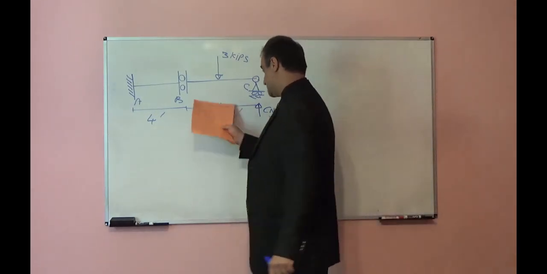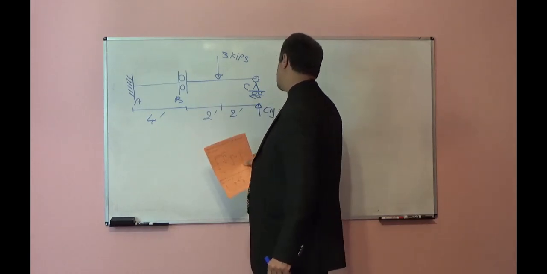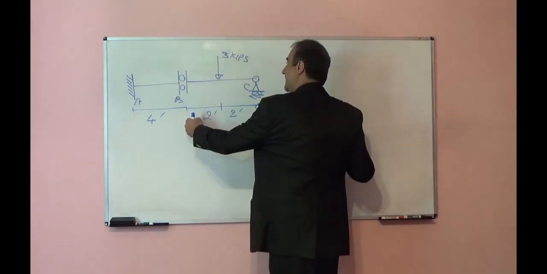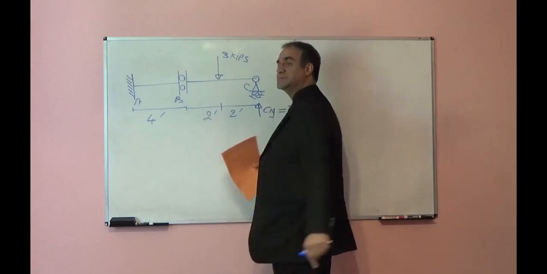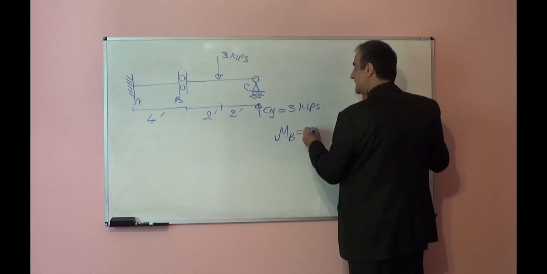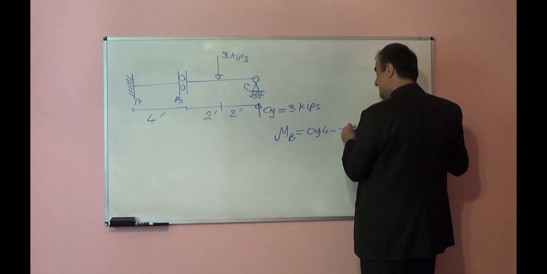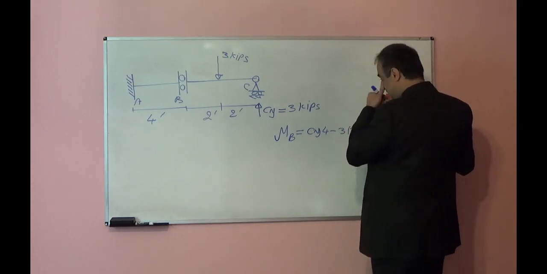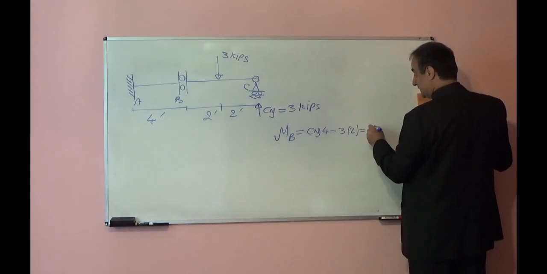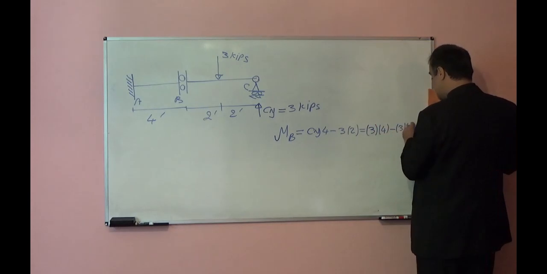Now let's see what the moment at point B is. If I take moment with respect to point B, I will have Cy times 4 minus 3 times 2 equal to 0. So MB will be Cy times 4 minus 3 times 2. Cy is 3, times 4, minus 3 times 2.